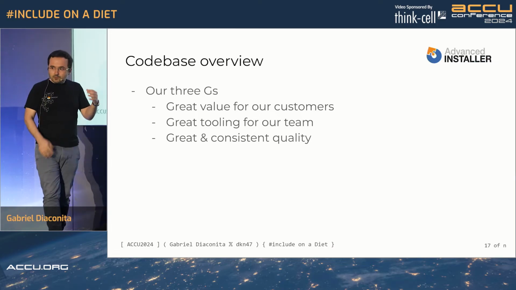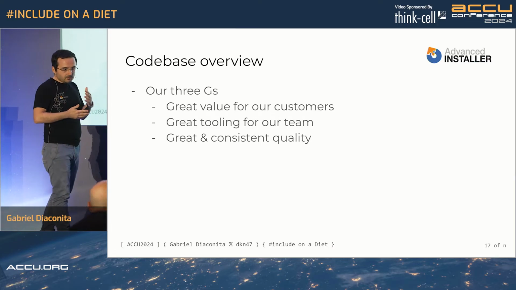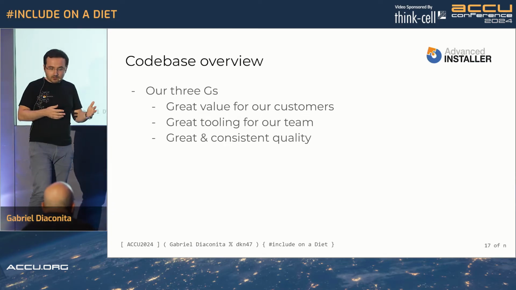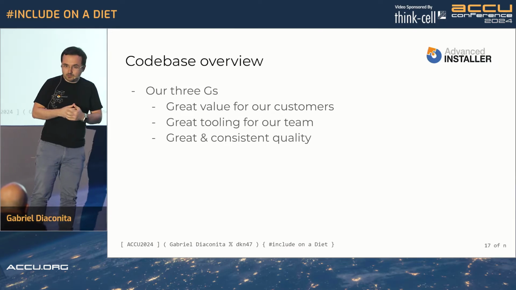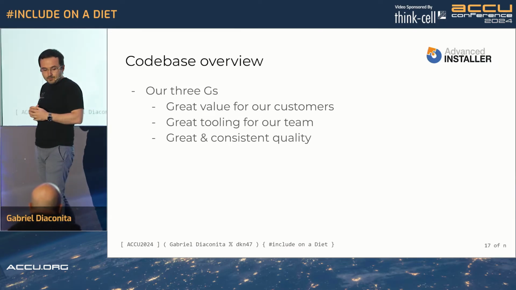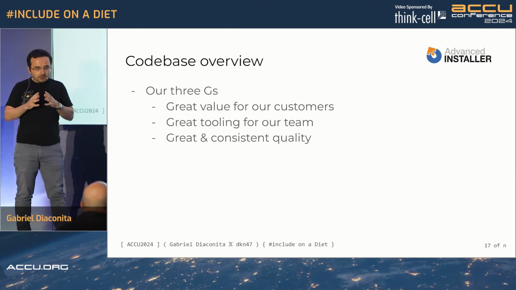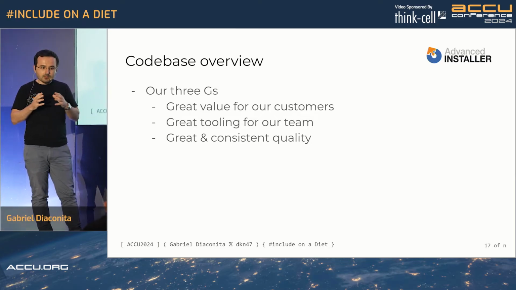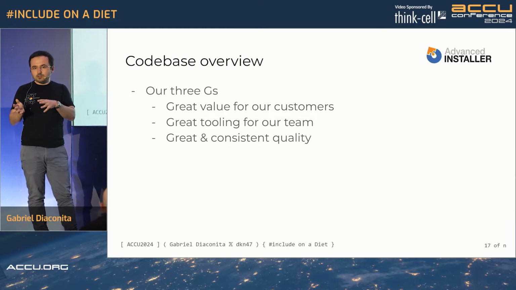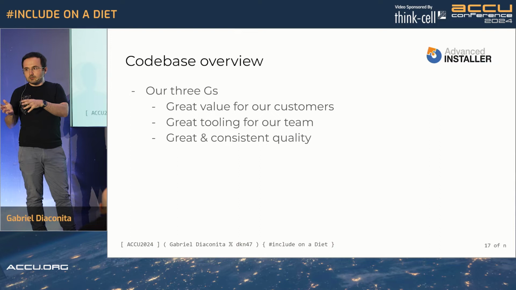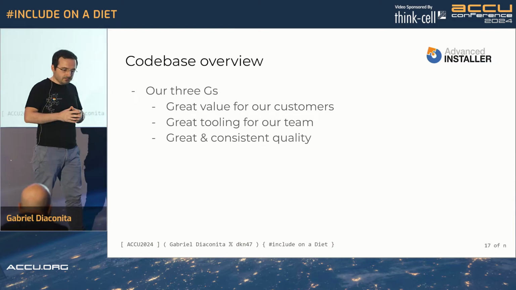And we strive for 3 Gs. We want to give great value to our customers, offer our team, our developers, great tooling so they don't feel stuck in the past. And we also want great and consistent quality, that our code base is not in one part C++ 98, C++ 17 in another, C++ 20 in yet another part.